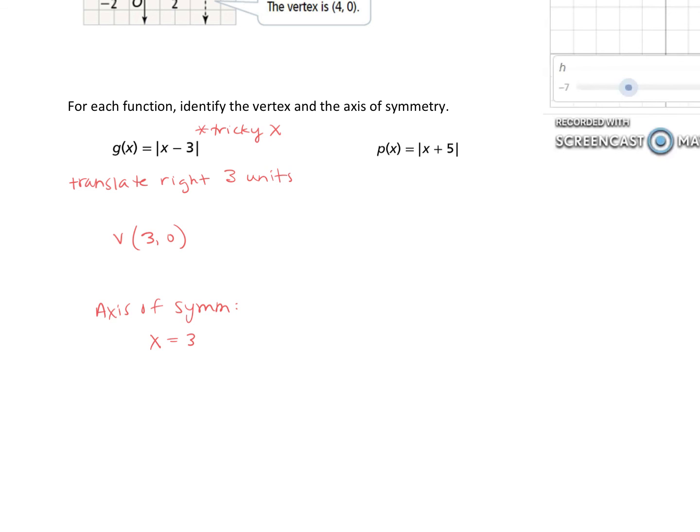All right, p of x, we have the absolute value of x plus 5. So again, what do we notice? We've got our absolute value bars, so it's a V-shaped graph. We are adding a constant into our absolute value bars, so that is going to be a horizontal translation. But then we've got our tricky x, so it says x plus 5. We're going to translate to the left 5.